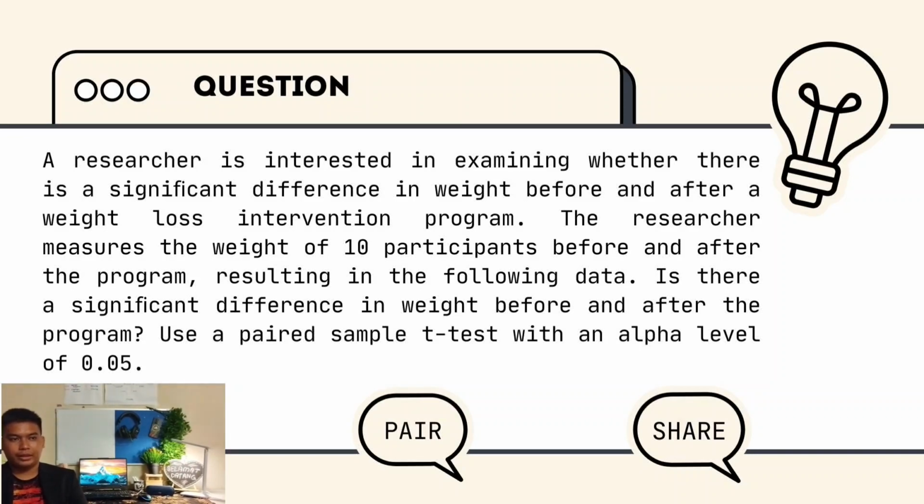To test if the program is effective, we use the paired sample t-test because we are comparing two related sets of measurements: the same participants measured at two different times. We set our significance level at 0.05.